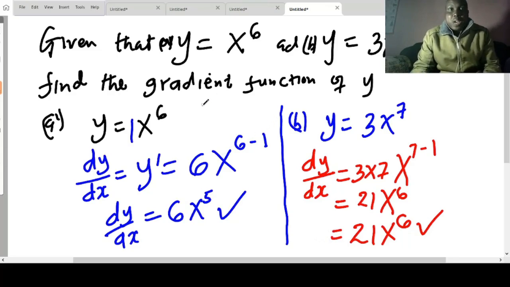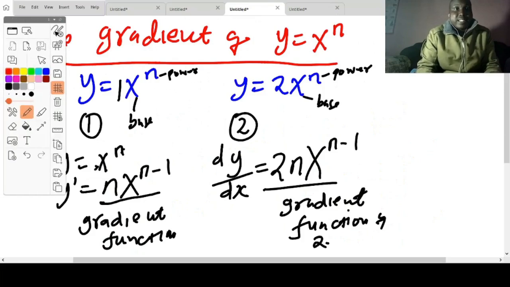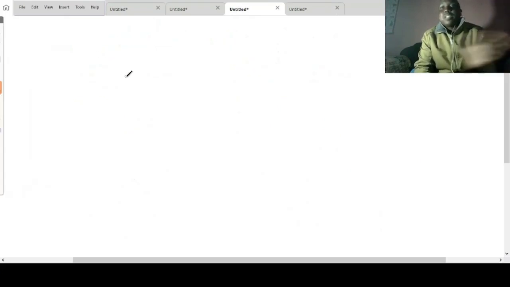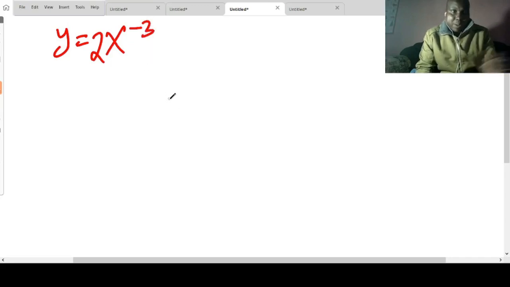Let me do now the function which has negatives. Let me go back here and delete this. Do more examples, because once you understand this one, ahead it will be easy. Given that y is equal to 2x raised to power negative 3. What if the power is negative?